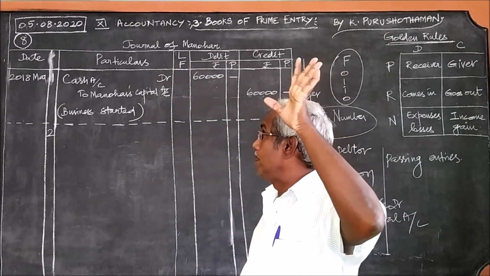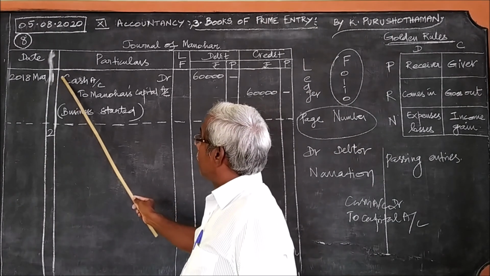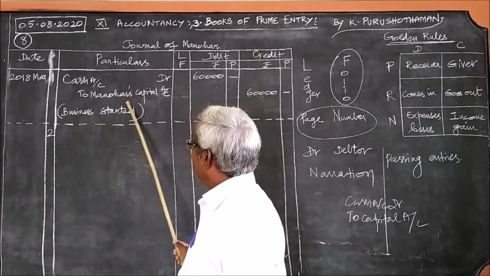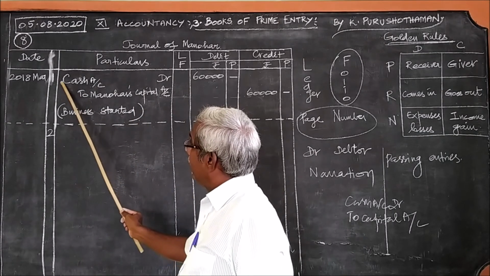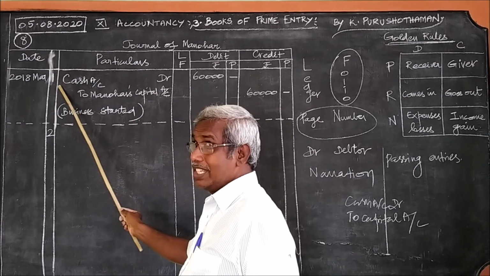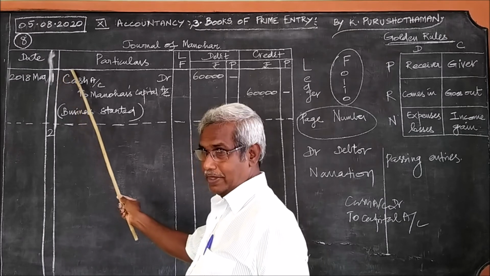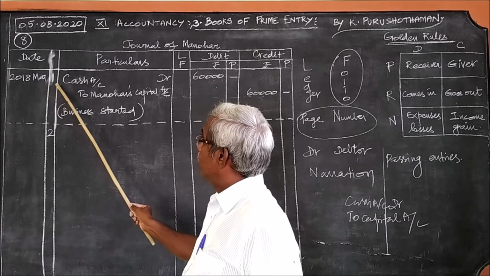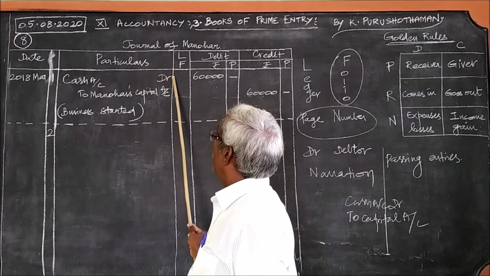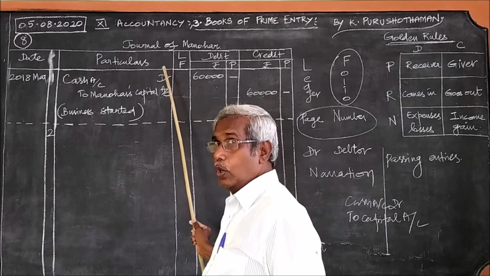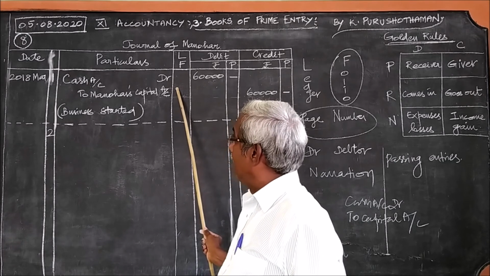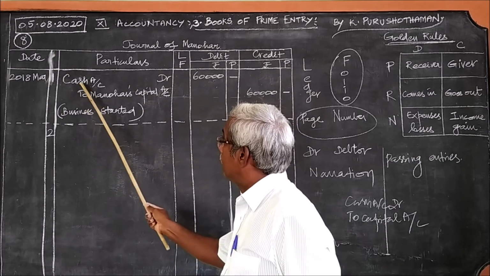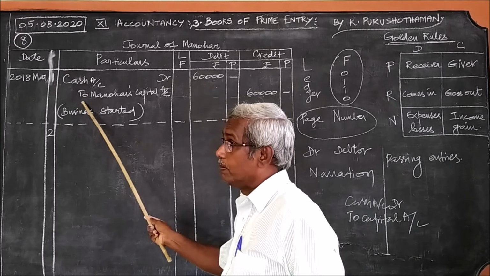The first line for debit, second line for credit. Whatever the length of this word, you start from here and write debtor only at this end. And "to" you should write in the middle of this word.